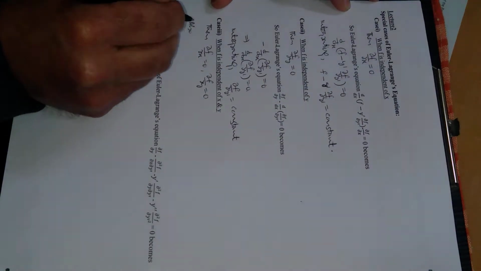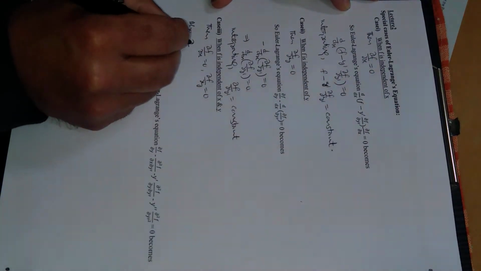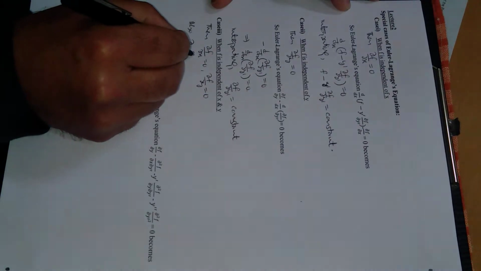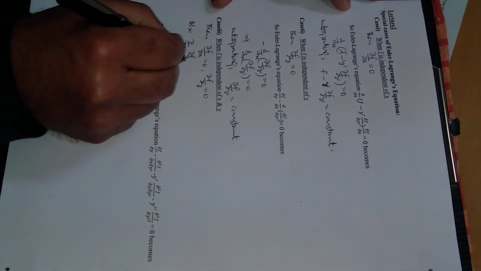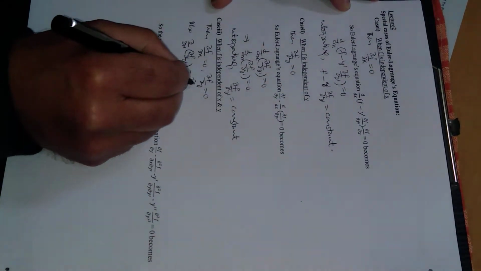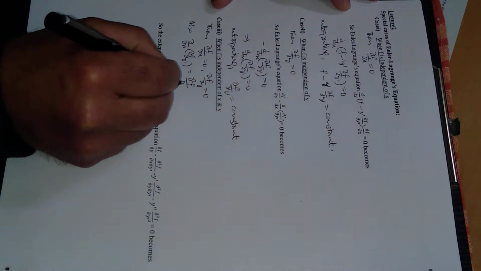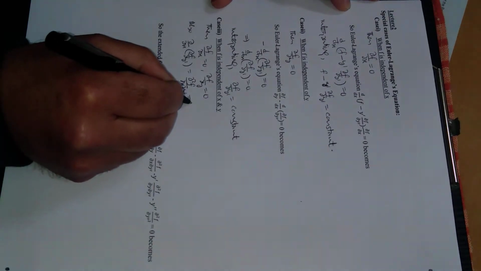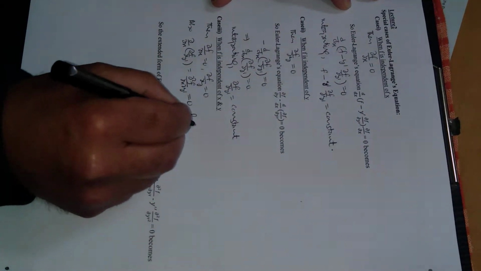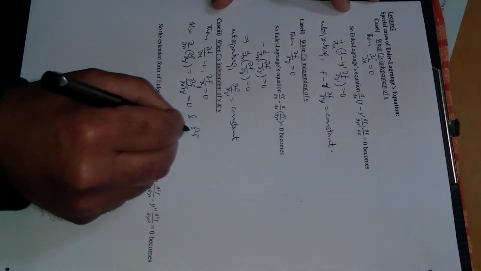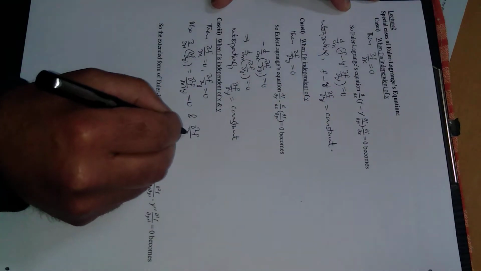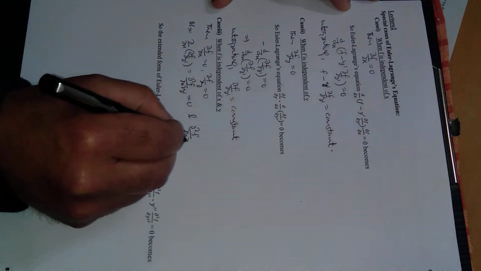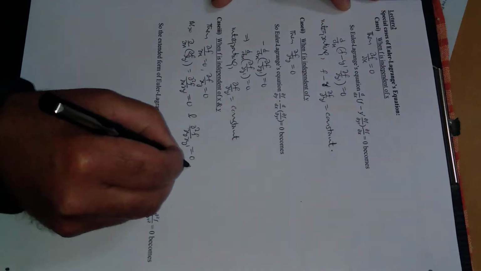Also, the second order partial derivative of f with respect to y dash and x will be equal to 0, and similarly the second order partial derivative with respect to y dash and y will also be equal to 0.